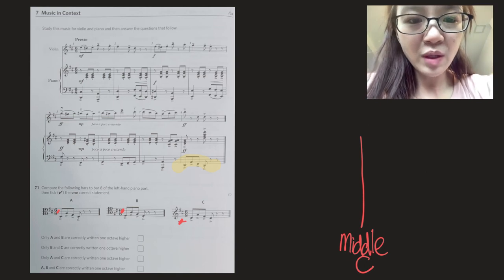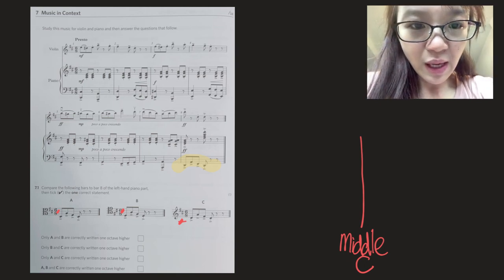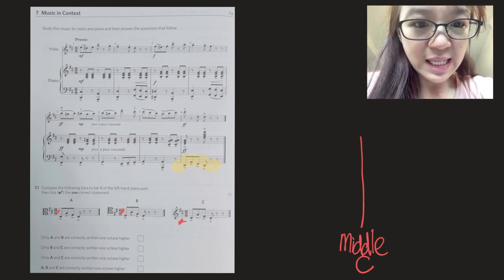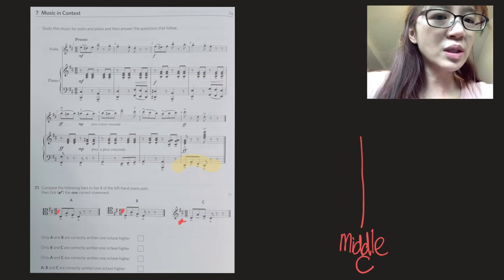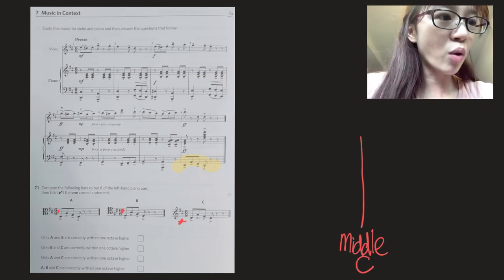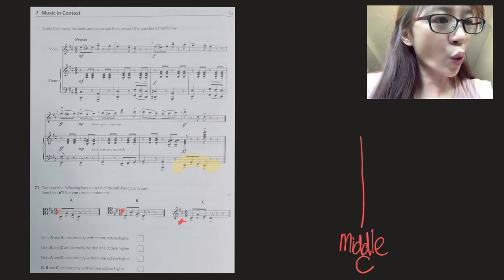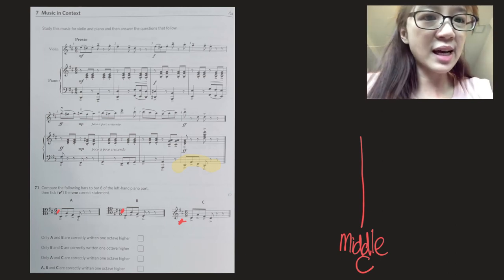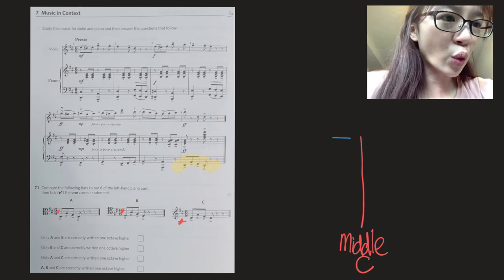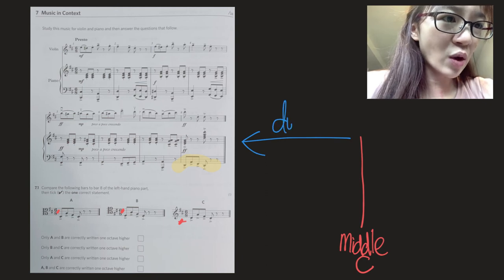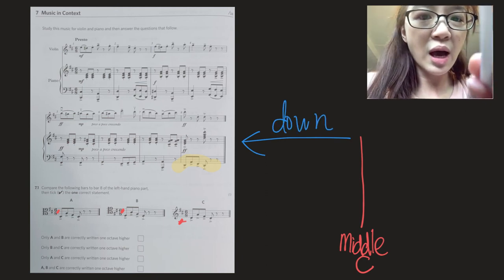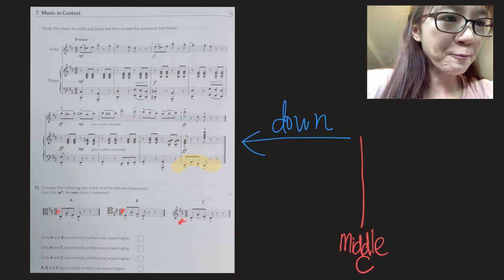C, B, A, G, F, E, D. D is the note below the middle C, going down. Going down means going to the left hand side. So when the note is going down, this means going down. This is for question A.